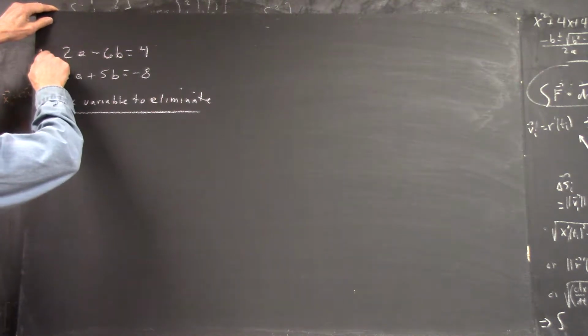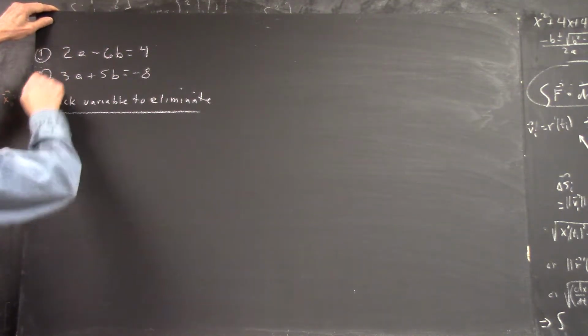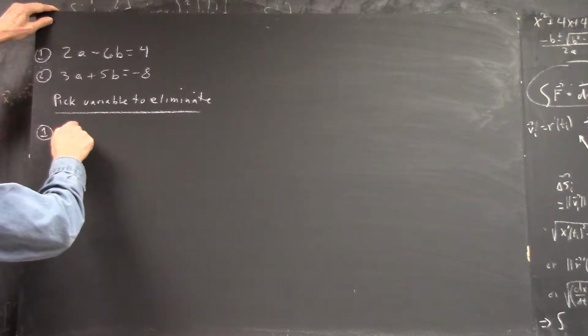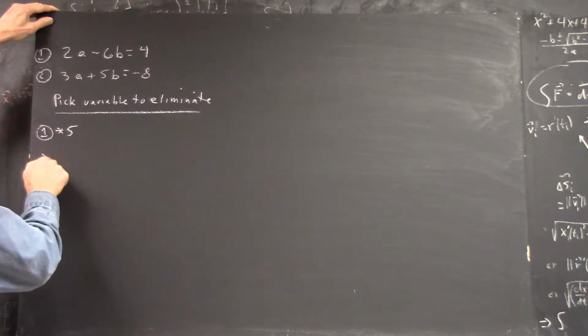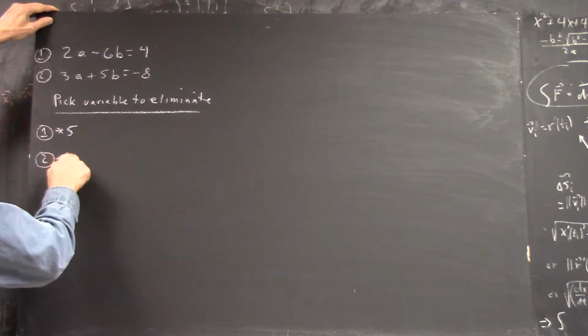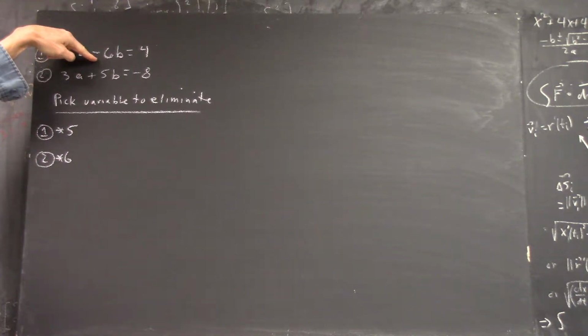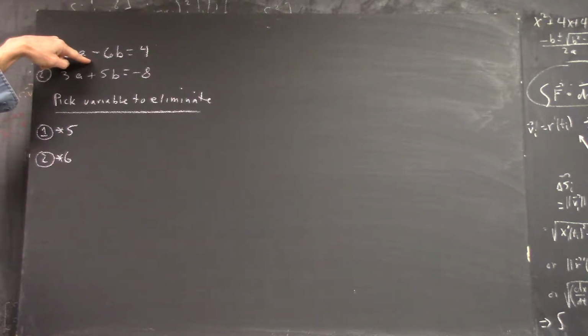We'll call this equation 1, we'll call this equation 2. If I multiply equation 1 by 5 and equation 2 by 6, then what am I going to get in front of B here? Would it just be 10? Wait.